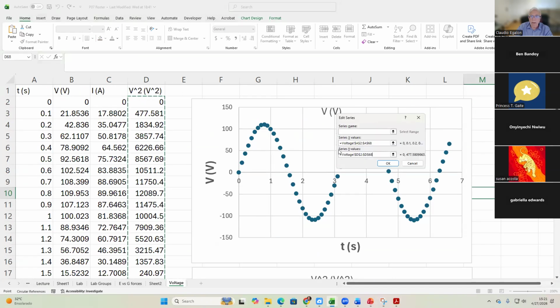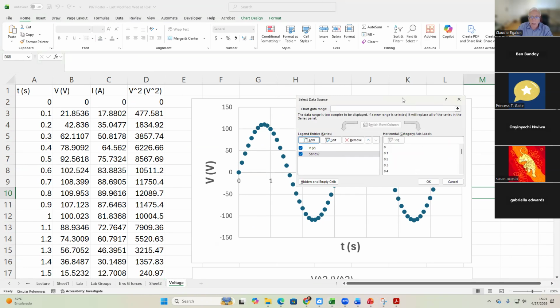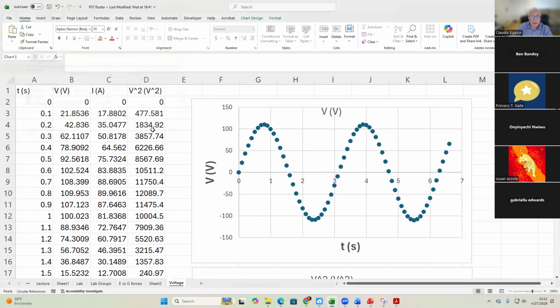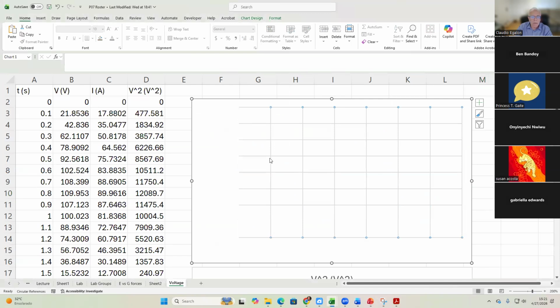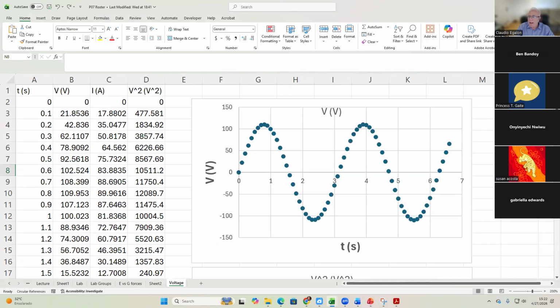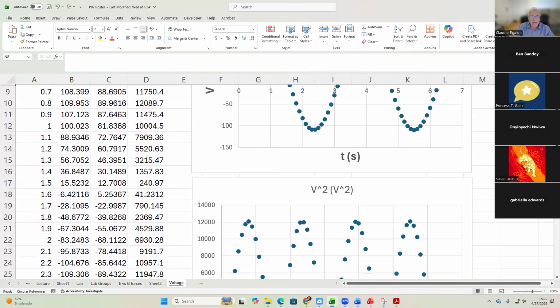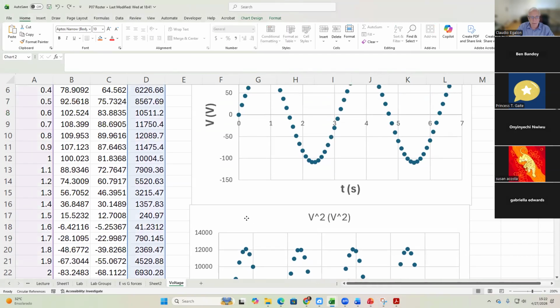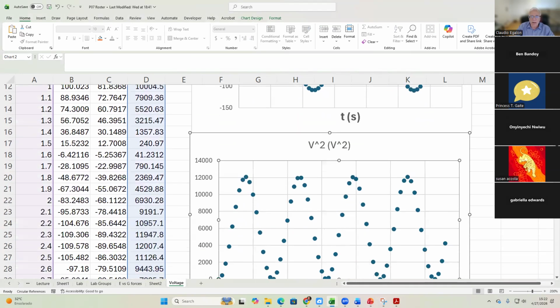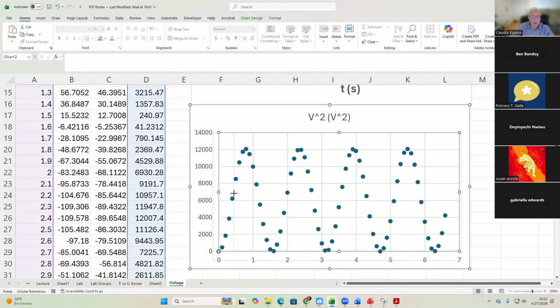Let's see why it didn't plot properly. I think it's going to plot now. That's odd. Okay, so I did everything I could have done, right? Just try to visualize what's happening here in the graph. For some reason, I cannot add the other one. I do not know why.